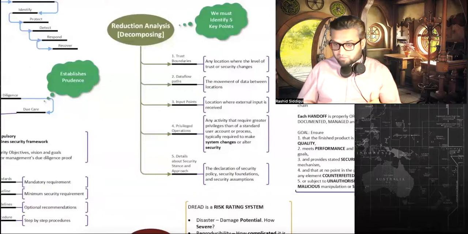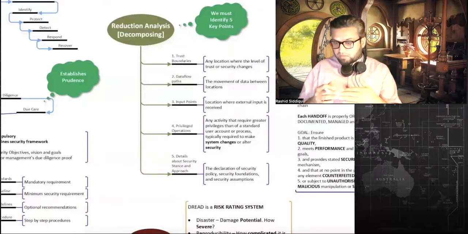So we identified trust boundaries, we identified data flow paths, we identified the input points, then we identified the privileged operations, right? So if you look into it, it is going from the more physical to the logical paradigm.